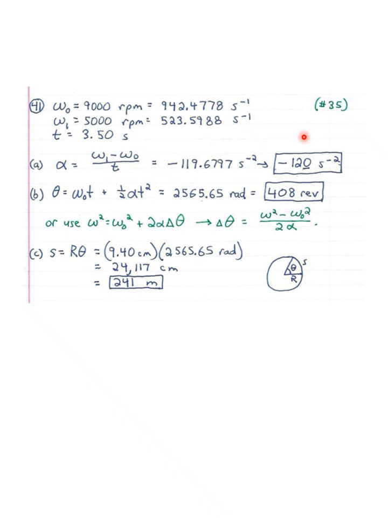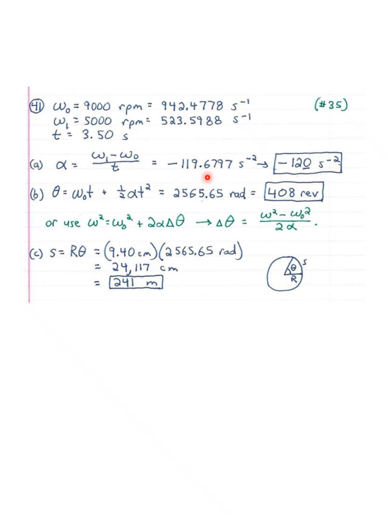Question B, through how many revolutions does it turn while decelerating? We'll use this kinematic equation, omega naught t plus 1/2 alpha t squared. Remember, when you're doing alpha, don't use the rounded off answer of negative 120, but use it with more precision. So I've used negative 119.6797 radians per second squared, and we get 2565.65 radians.